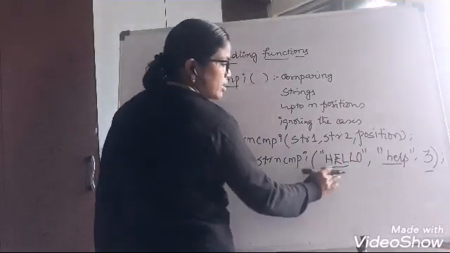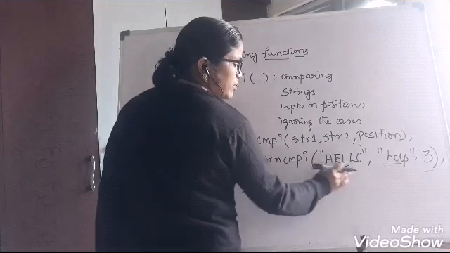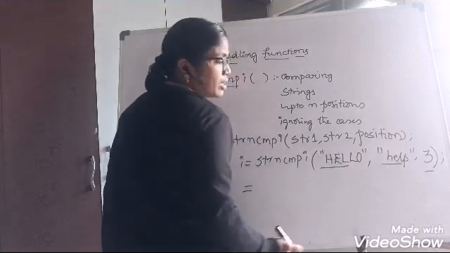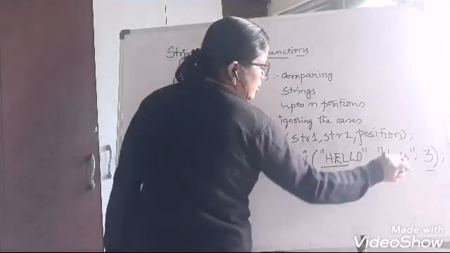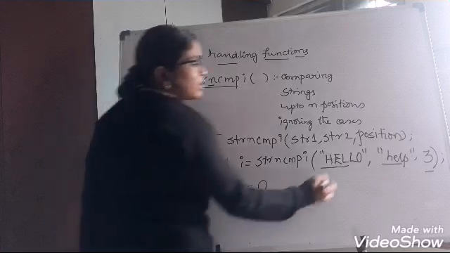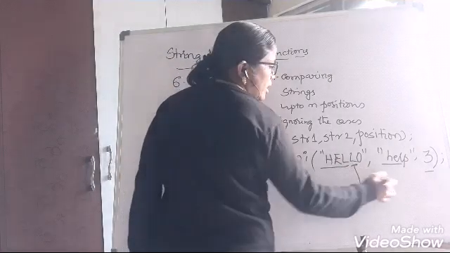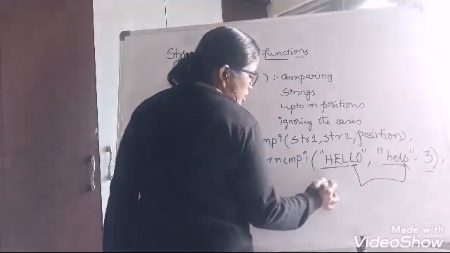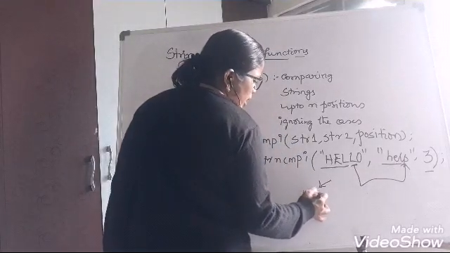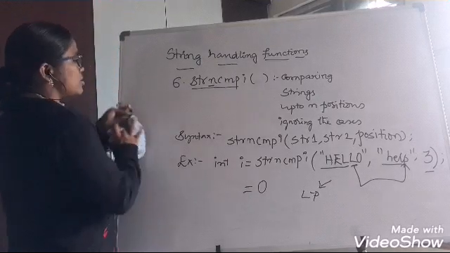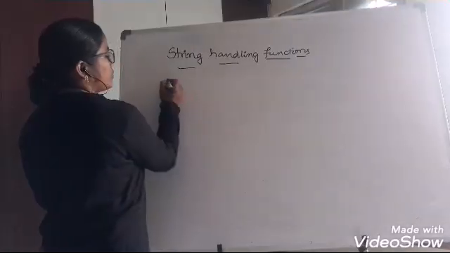Both strings have similar characters, but they are different in the cases, but up to 3 characters both are similar. So it returns 0. Suppose it takes the next L and capital P, sorry, P, this also returns the difference of L minus P. Okay, so let's continue with the next.